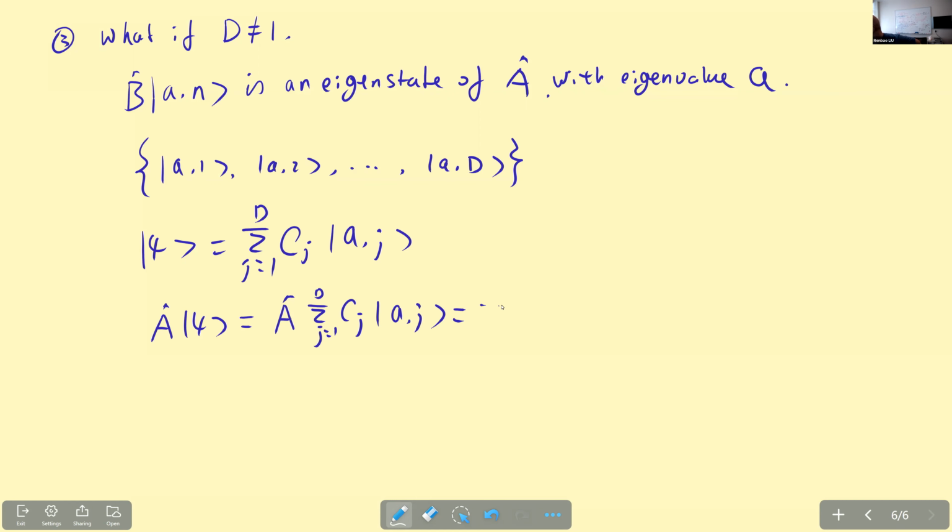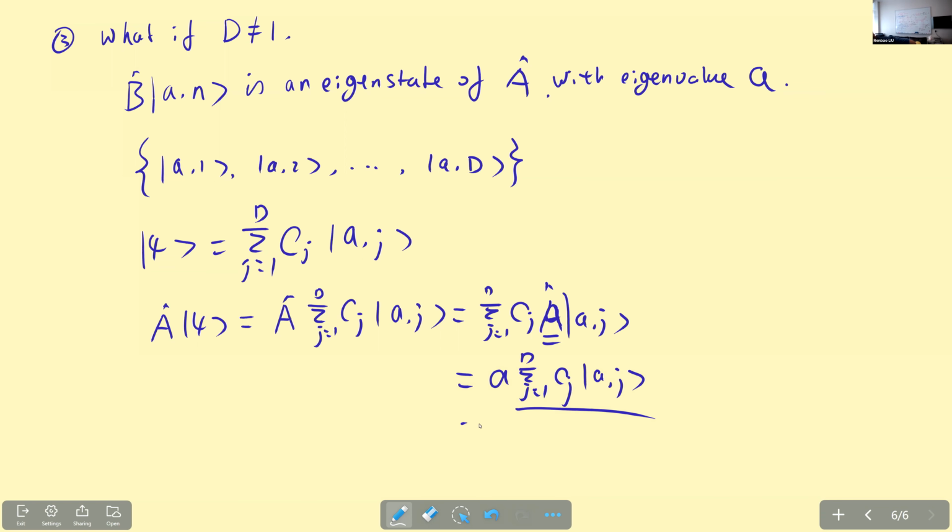Of course this equals the summation of Cj times A acting on Aj, and remember we give you an eigenvalue, so it's all a. So this is also a times the summation of Cj Aj, which is nothing but just a times psi. So this one is also an eigenstate of A with eigenvalue a, right?